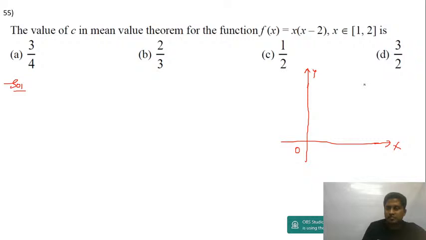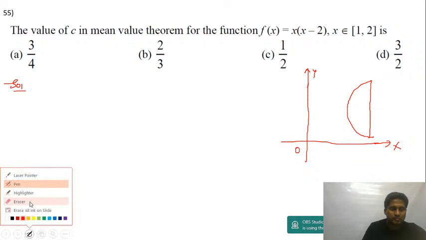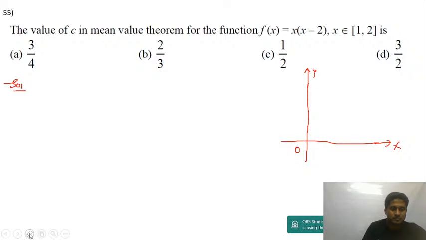Now if I take the mean value theorem, slope of the tangent should be equal to slope of the chord.